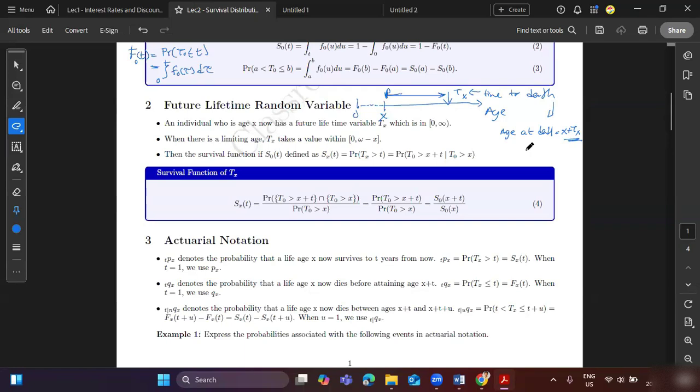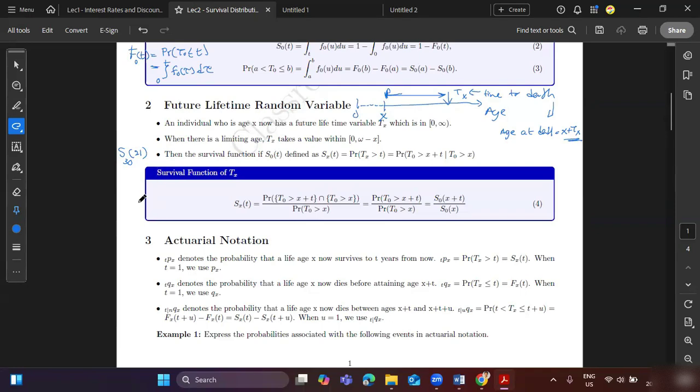So if someone says that there's a person who is age 51 and who purchased a life insurance at age 30, that means if that person is alive at 51, his survival distribution works like this. At age 30, he started the life insurance, and the survival probability at age 51 means that starting from 30, he has survived 21 more years.